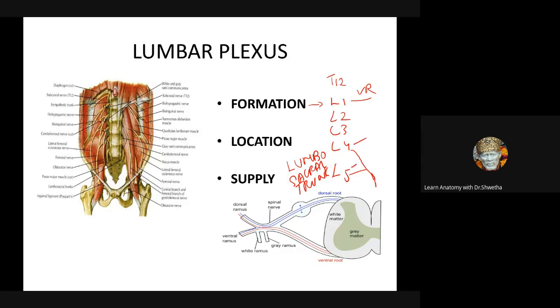This lumbosacral trunk joins and helps in the contribution of the sacral plexus. Clear? So, if an MCQ question comes that the lumbosacral trunk is formed by L1, L2, L3, L4, what will be your answer? It will be L4 and L5. Both will join to form the lumbosacral trunk. This is an MCQ question.